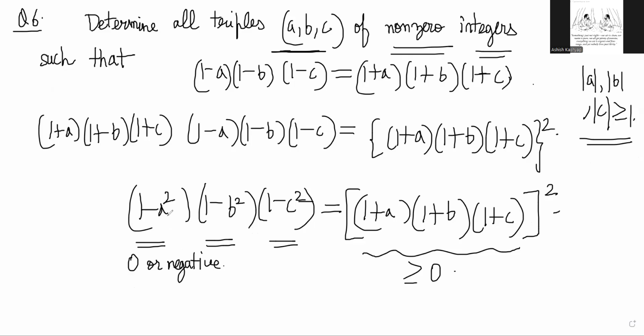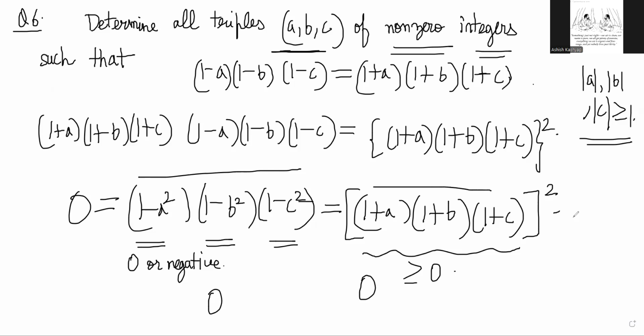So which means that the only option for this equation to be true is if both sides are 0, right? And both sides equal to 0 means you can say this is 0, or you have to say this is 0, right? (1 plus A)(1 plus B)(1 plus C) is 0.